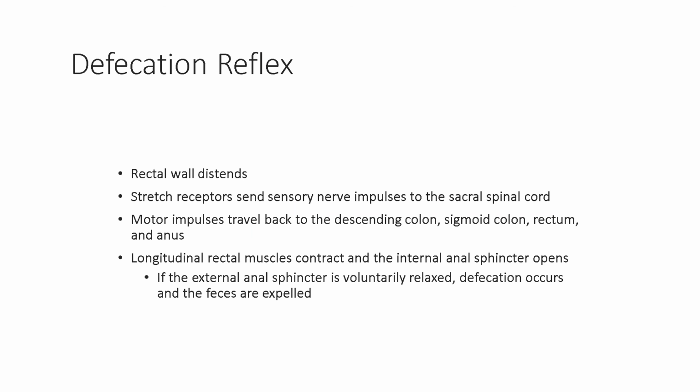Mass peristaltic movements will push fecal material from the sigmoid colon into the rectum. Now, the resulting distension of the rectal wall will stimulate the stretch receptors, which initiates the defecation reflex. And this defecation reflex will result in defecation.